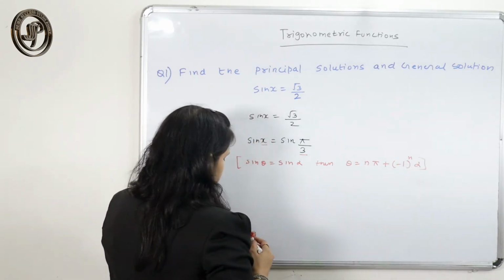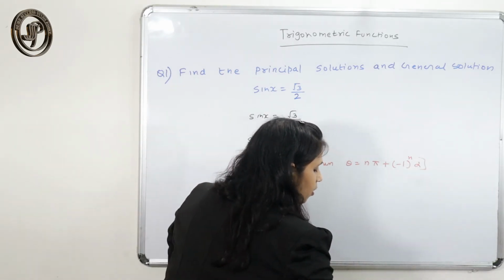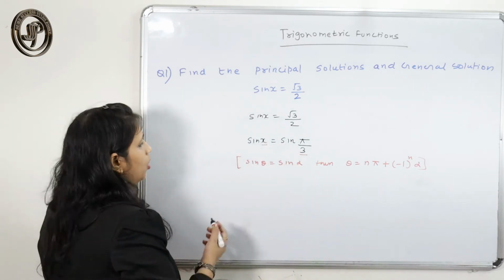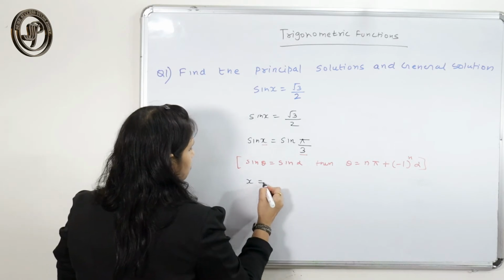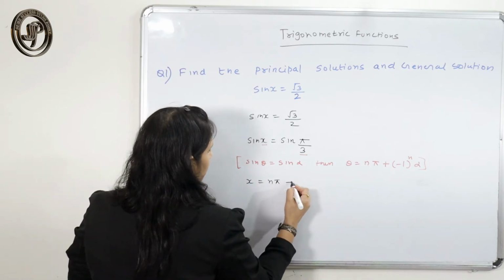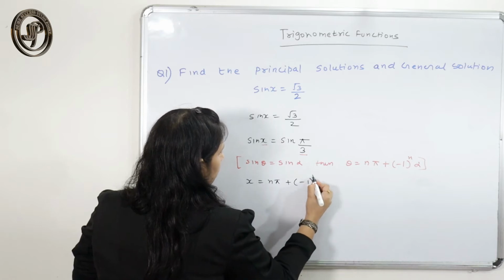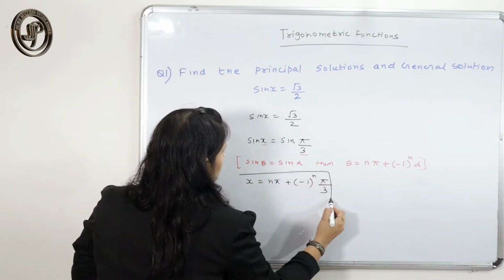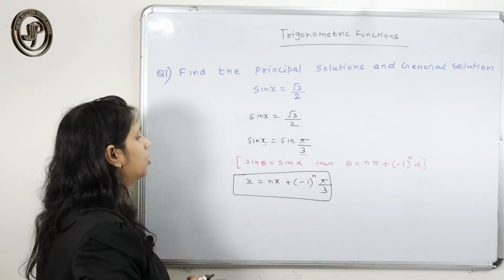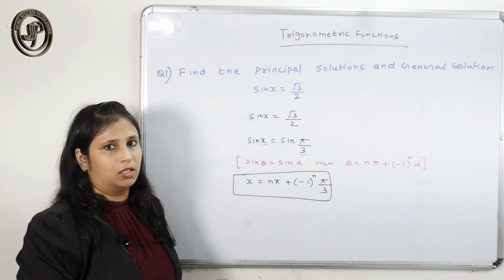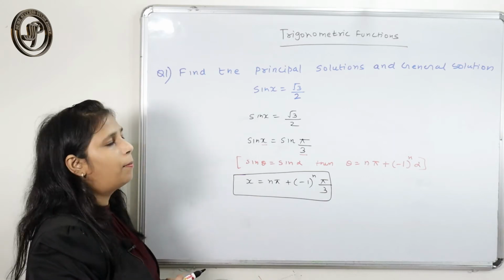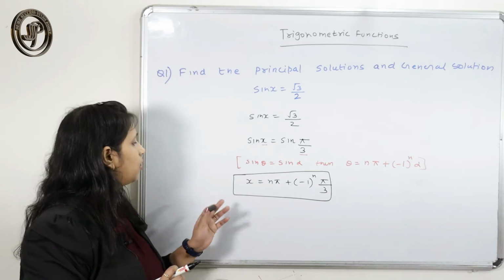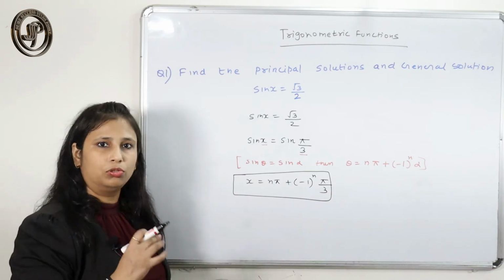If I apply this formula here, this is my theta and this is my alpha, so theta is equal to n pi plus minus 1 raised to power n into alpha. This is called my general solution. Now you have to find the principal solution. We know that for the principal solution, the value of x lies between 0 and 2 pi.